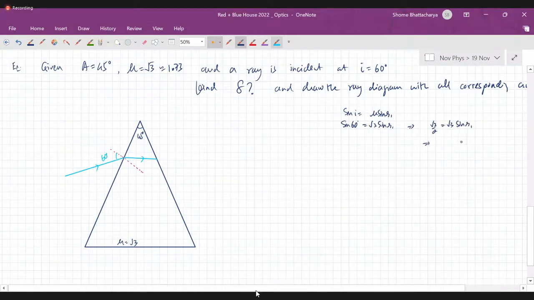So R1 comes out to be sine inverse half, or 30 degrees. So this angle comes out to be 30 degrees.